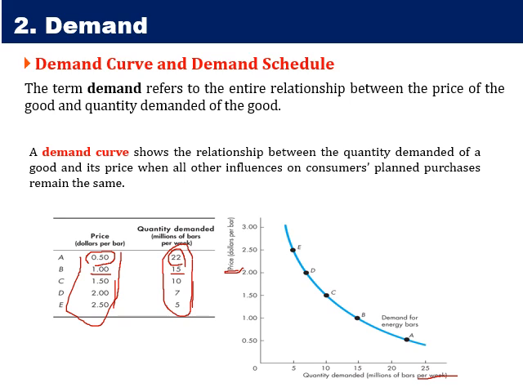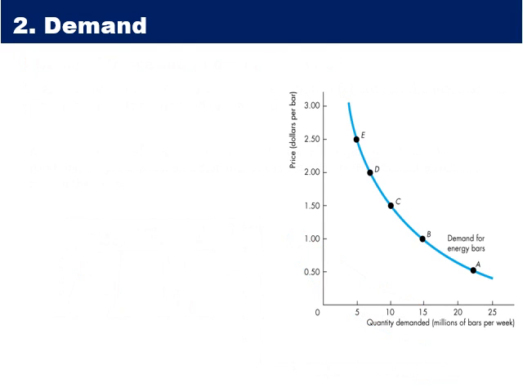So as we can see here in this graph, this curve slopes downward to show us the negative relationship between the quantity demanded and the price. As we can see on this curve, if the price of the commodity increases from $0.50 to $1, the quantity demanded will decrease from around 22 million to just 15 million.